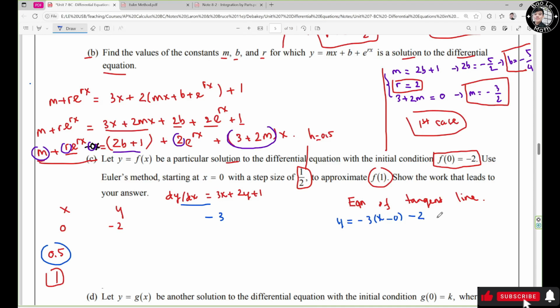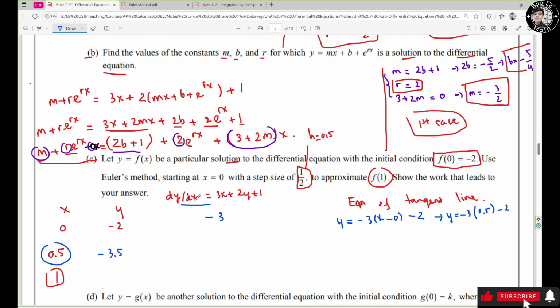So it's going to be y equals negative 3 times 0.5 minus 0 is going to be 0.5, minus 2. So negative 3 times 0.5 is going to be negative 1.5, subtract 2 is going to be negative 3.5. So it will be negative 3.5 right here.